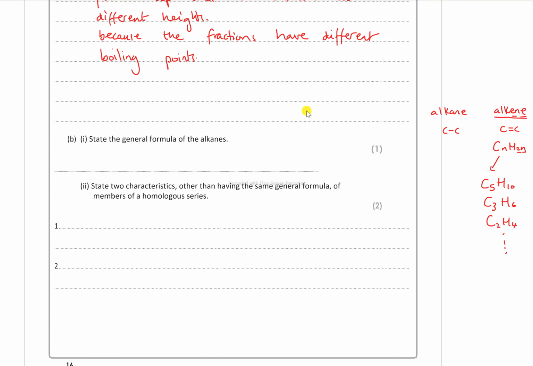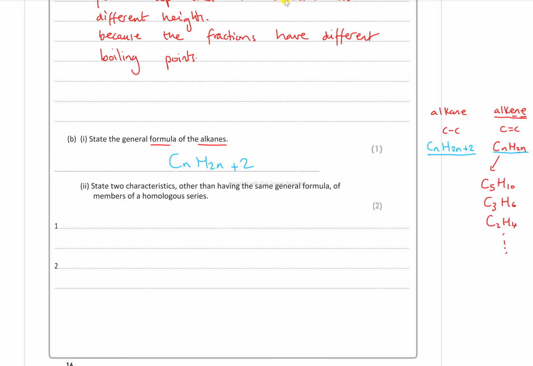So the general formula for alkanes: that was for alkenes, so this is easy. All you do is you copy it. CnH2n, and then you add 2. Remember that. It'll be CnH2n+2.